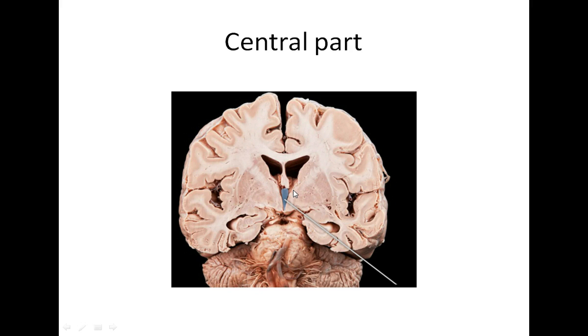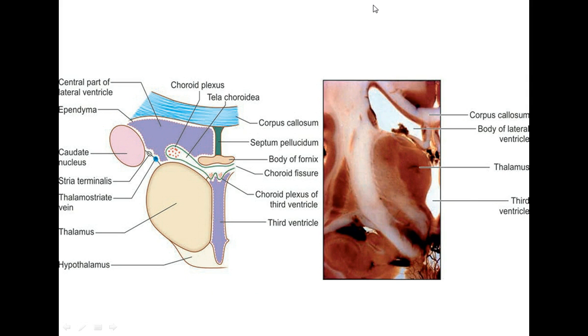In this diagram, which is a half section, you can see only one lateral ventricle. So this is the central part, this is the medial wall, septum pellucidum, this is the corpus callosum forming the roof and this is the floor. So thalamus and caudate nucleus form the floor, and between these two structures there are the thalamostriate vein and the stria terminalis.